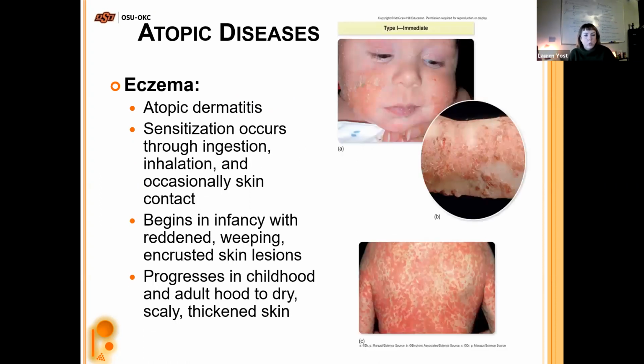Atopic diseases can include some persistent diseases that can be categorized with this as well, not just allergy and asthma. We've also got eczema on the skin, which is due to atopic dermatitis, and it's skin inflammation, in case you don't know what dermatitis means. This occurs through ingestion, inhalation, and occasionally skin contact.